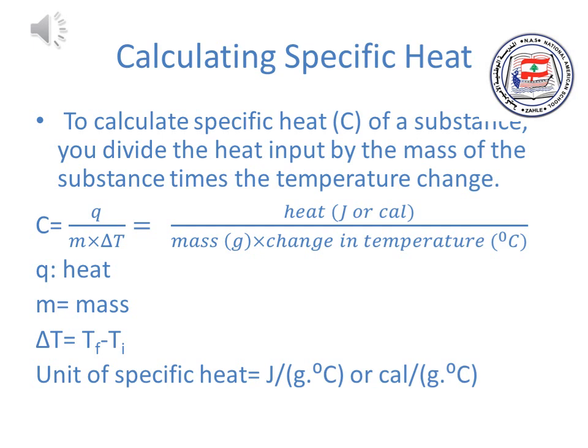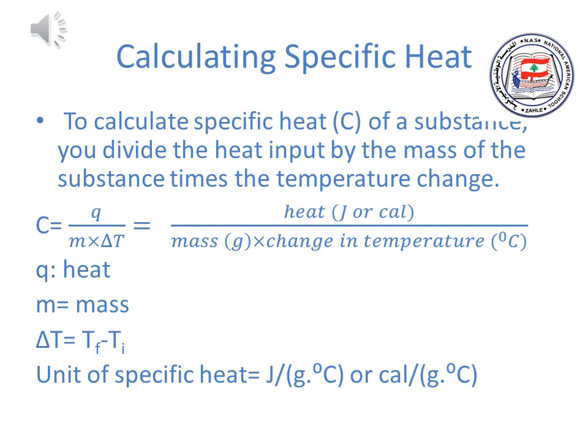Calculating specific heat. To calculate the specific heat of a substance, you divide the heat input by the mass of the substance times the temperature change. So, C equals Q divided by m times delta T. Q is heat, unit joule or calorie. m is mass, unit grams.